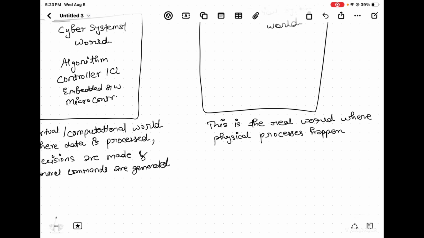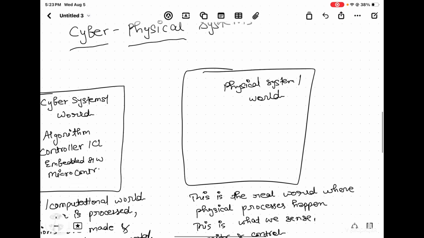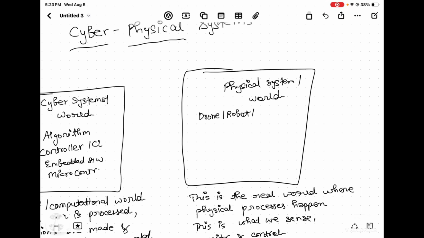This is what we sense, monitor, and control. For example, a drone, a robot, or an autonomous car.